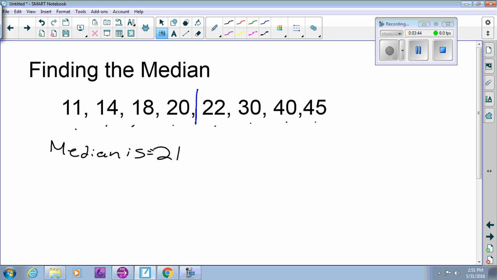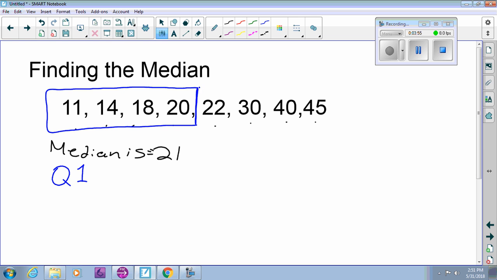The median's right here. So what we want to do next is find Q1, which stands for quartile 1. As of right now, we have 50% of the data here and the other 50% here, but we want to break it into 4 sections and turn that into what we call quartiles. I'm going to have Chad grab the marker, and he's going to find the middle of this section on the left.